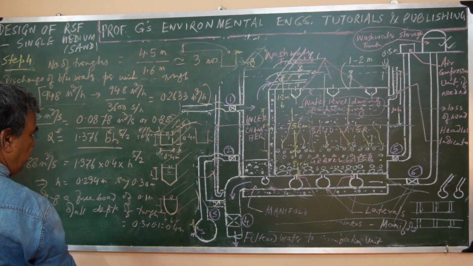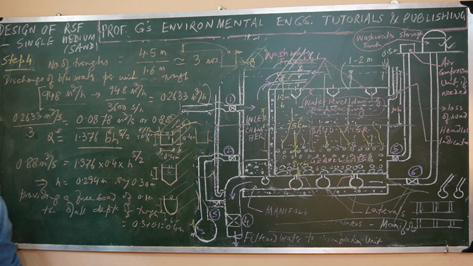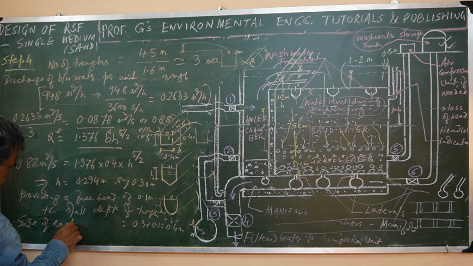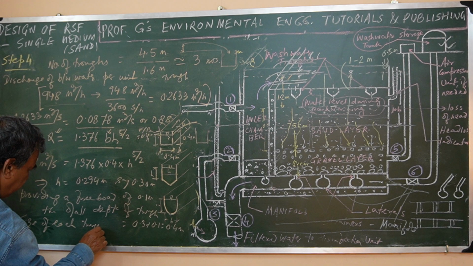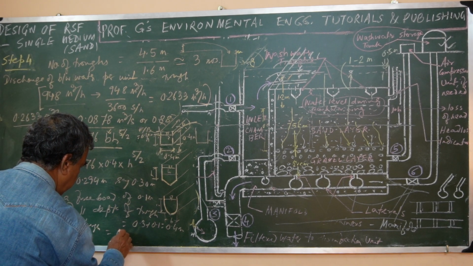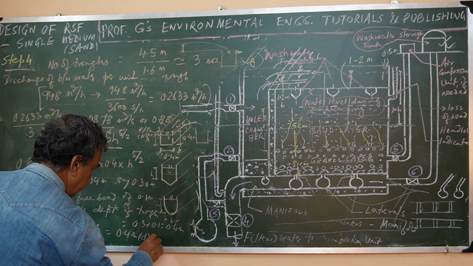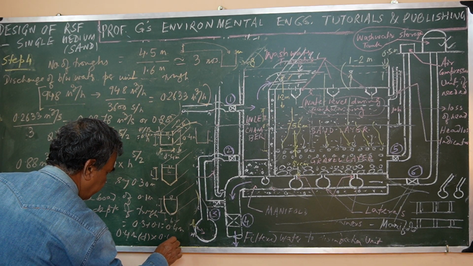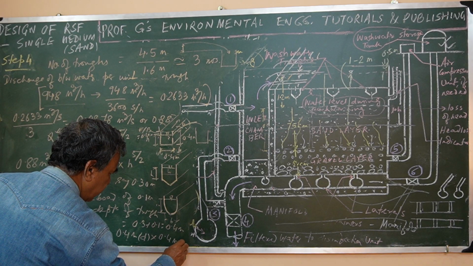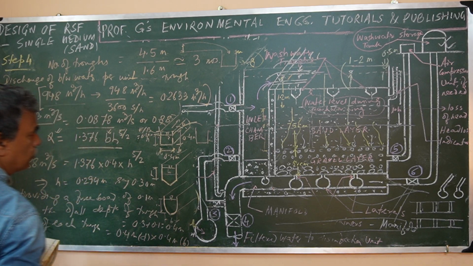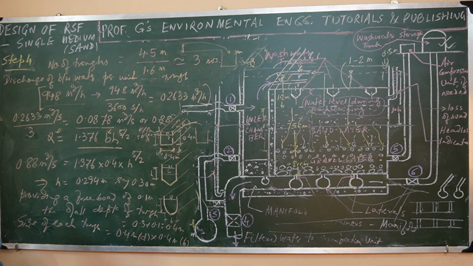So the size of each trough will be 0.4 meter depth by 0.4 meter, you know, that B. So this will be this size of that.